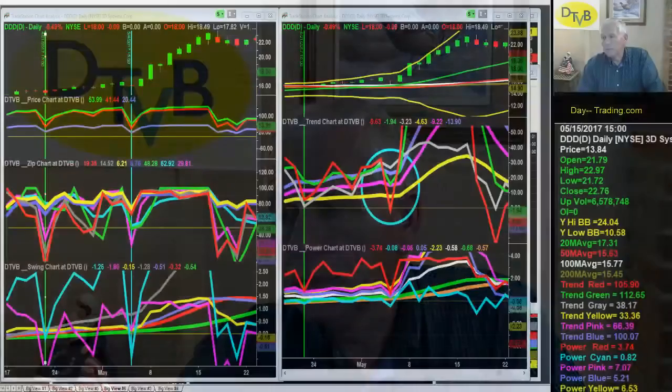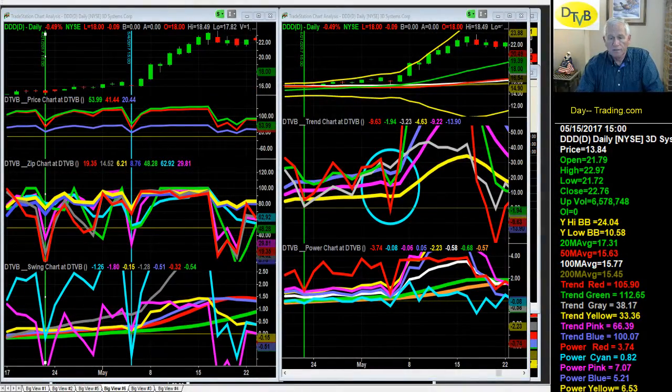The down touches, there are 6 involved, and they all happen to be on this page right here that we're looking at. And I've got an ellipse around one of those patterns, which is basically the down touch under the 0 line.